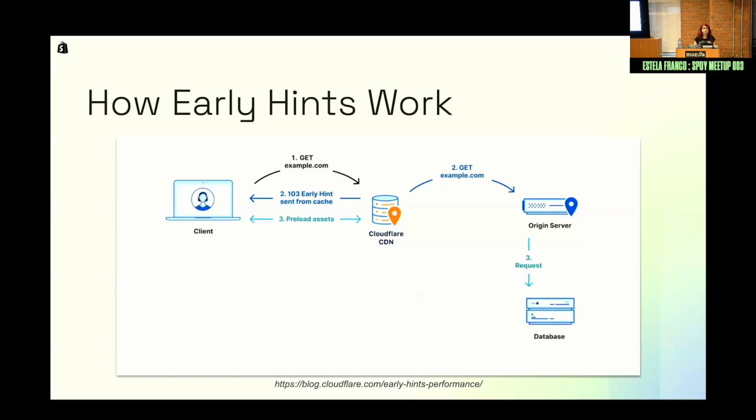So while the server is working on generating the HTML response, fetching some data from databases and so on, the browser can start downloading those resources. Then you get the HTML response that goes to the CDN. The CDN checks that the hints are up to date while responding with this final response to the client.